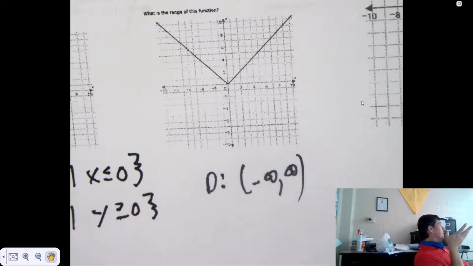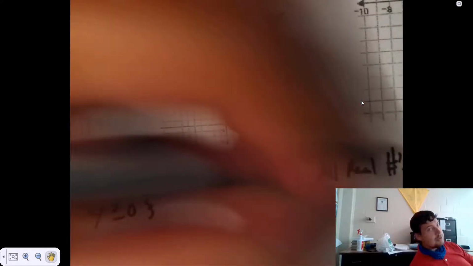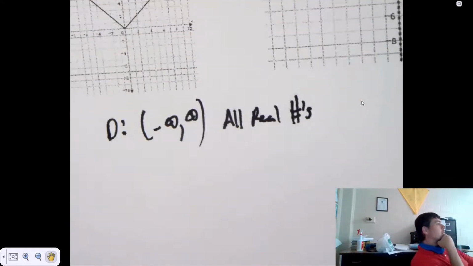What it's going to say is all real numbers. It's every number that exists. From negative infinity to positive infinity means all real numbers. Of course, they won't use the symbol, but all real numbers.